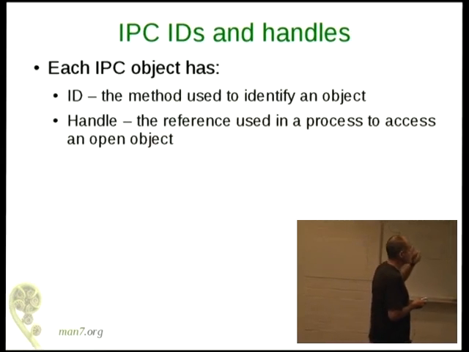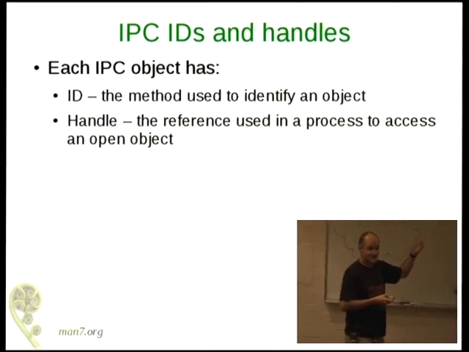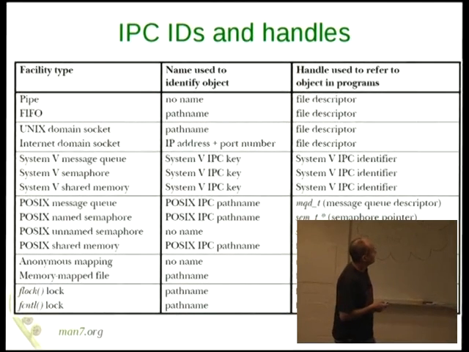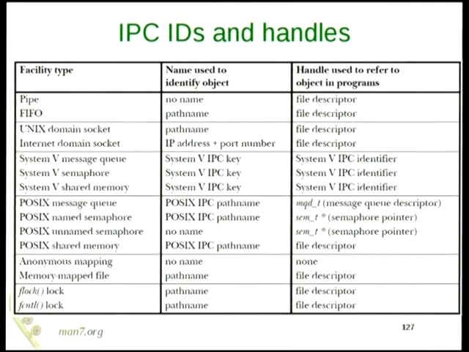There's an analogy in most cases with each kind of IPC object as well. So what I've got there is, for various IPC methods, a table that says how are objects identified and what kind of handle do you actually use to refer to them when you're working with them inside a program.